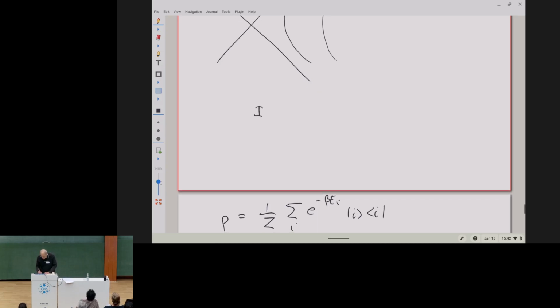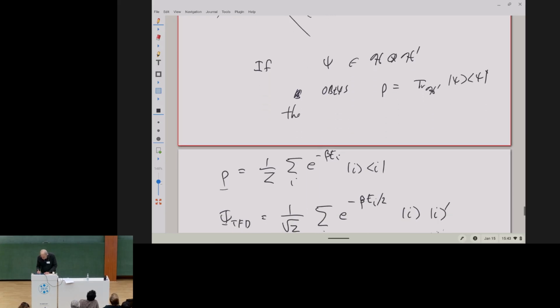So if psi in H tensor H prime satisfies the definition of a purification, then 1 tensor u acting on psi, for any u a unitary on H prime, and 1 is the identity on H, so 1 tensor u of psi equals psi tilde obeys the same.